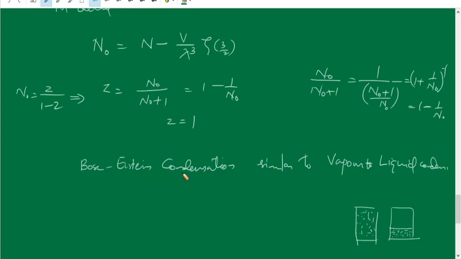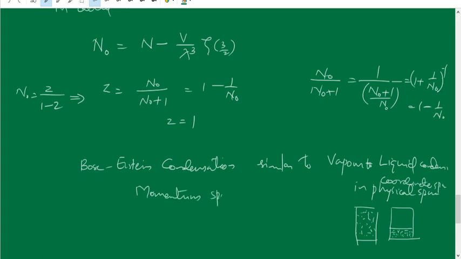But in Bose-Einstein condensation, the condensation happens in energy space or momentum space. So vapor to liquid happens in physical space, or the coordinate space. Okay, this happens in momentum space.